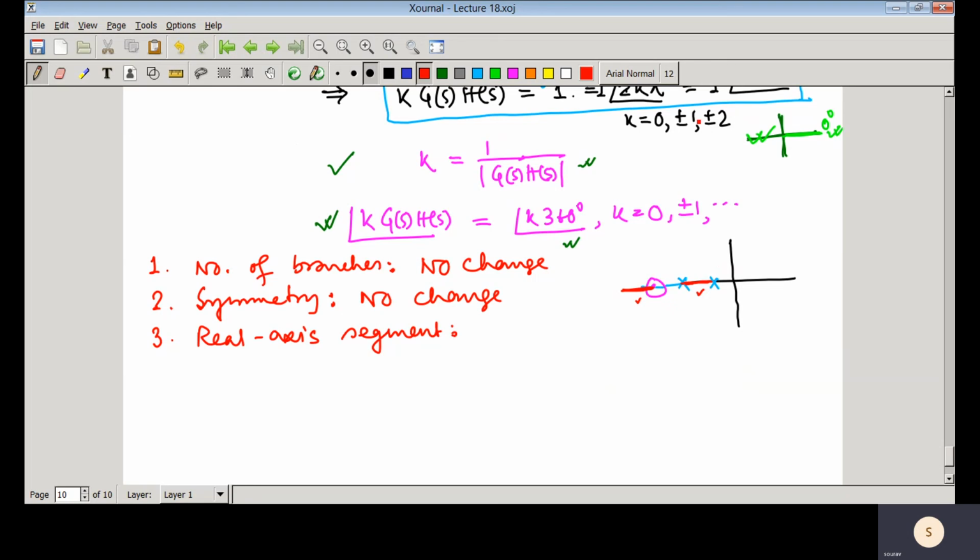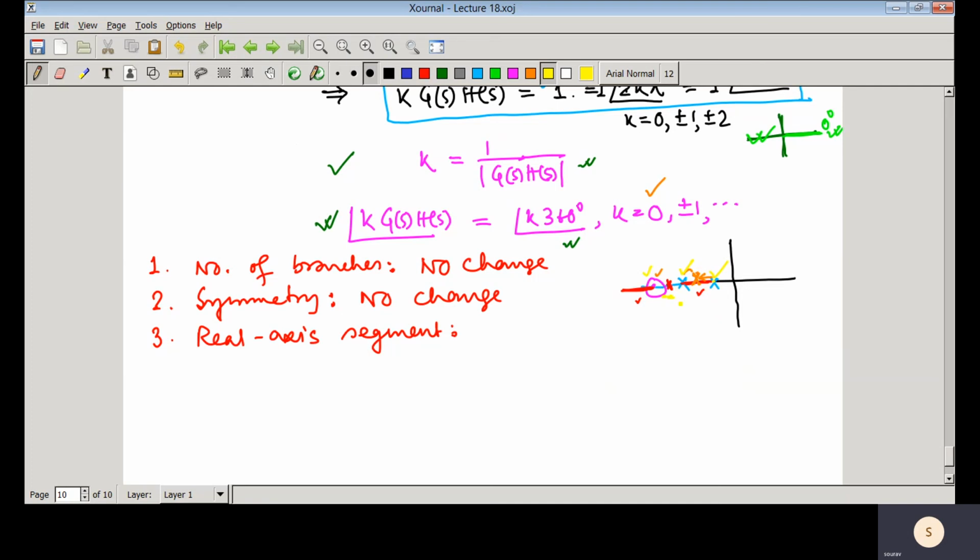The reason is we consider that angle 180 degree. But if you consider this particular point, then this is minus 180, and the contribution of this one is 0 and this one is 0, so it does not satisfy this particular condition. But if you consider the point here, then the contribution for this one is 180, for this one is 180, that means that would be 360 and from 0.